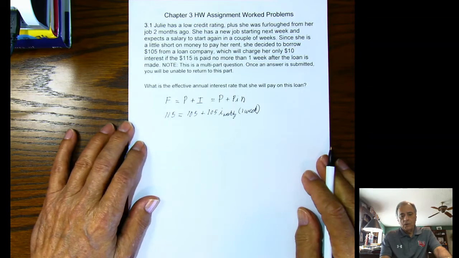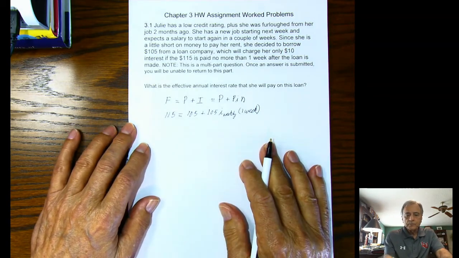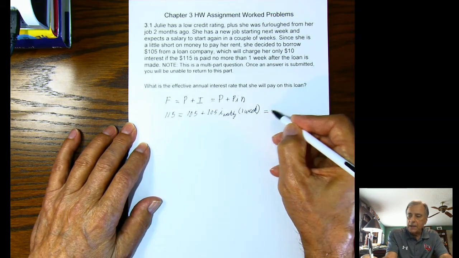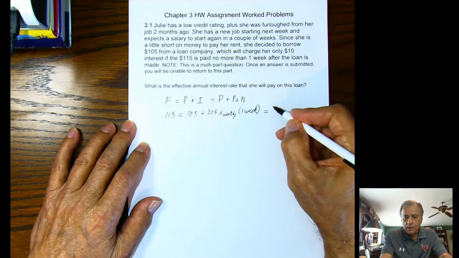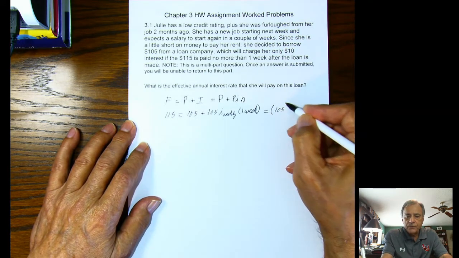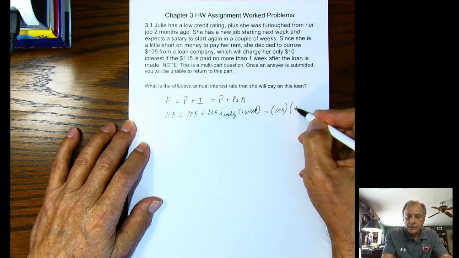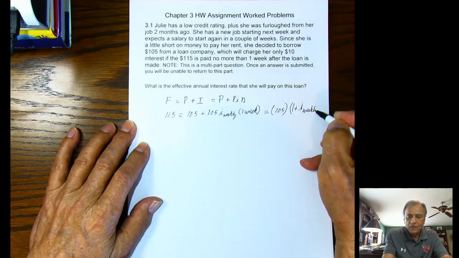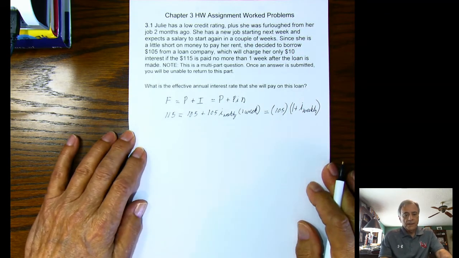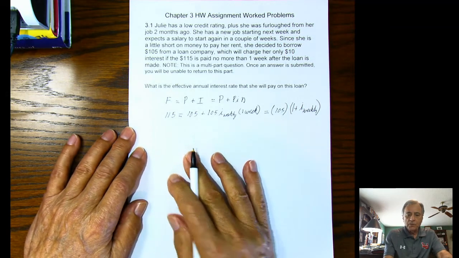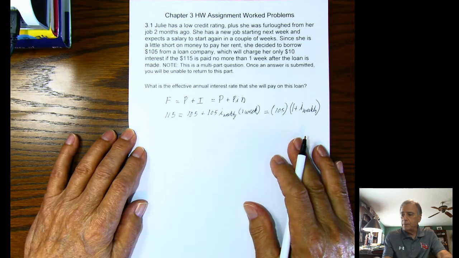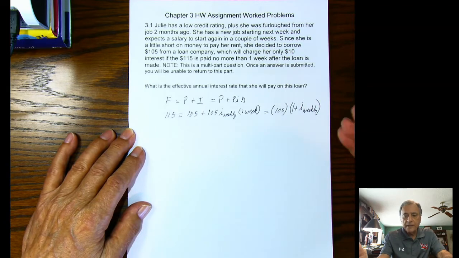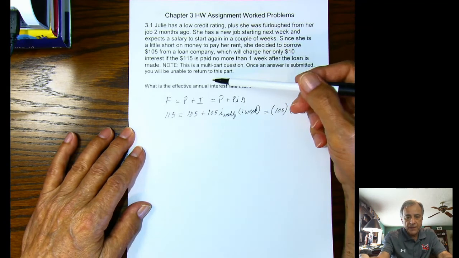So what we're going to end up with then, on the right-hand side, I'll factor out the 105, and I'll get 105 times 1 plus I weekly. Okay, so what we're really looking for now is I annual. What is the effective annual rate?